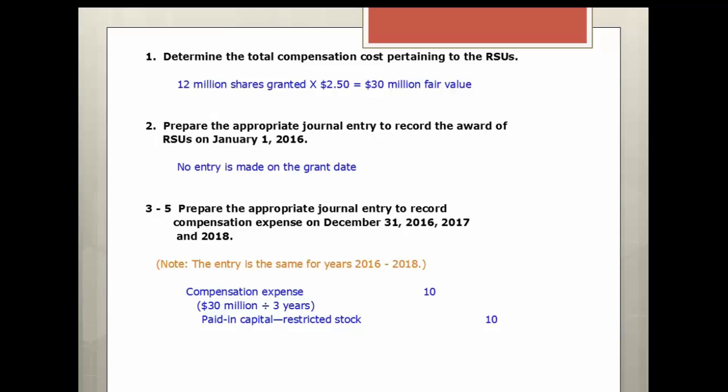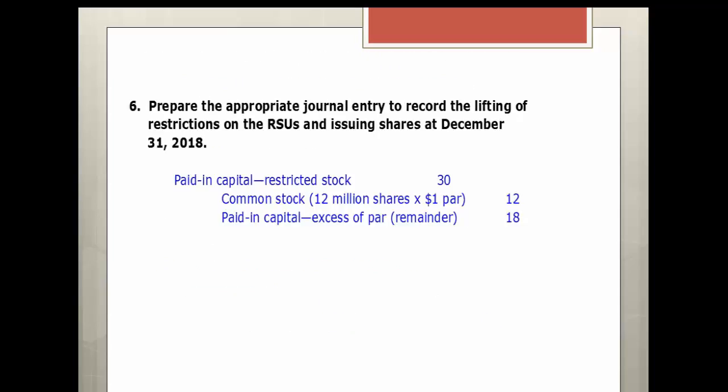It's very important to understand that, given these $30 million worth of stock are there to incentivize key personnel for a 3-year period, we are distributing the cost over the 3-year period. So we have a compensation expense of $10 million, and the credit goes to paid-in capital restricted stock of $10 million. That is the journal entry that's going to take place for each of the 3 years.